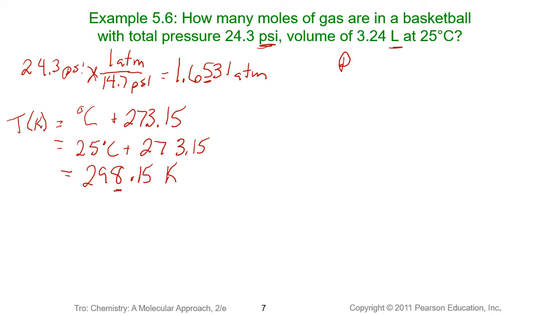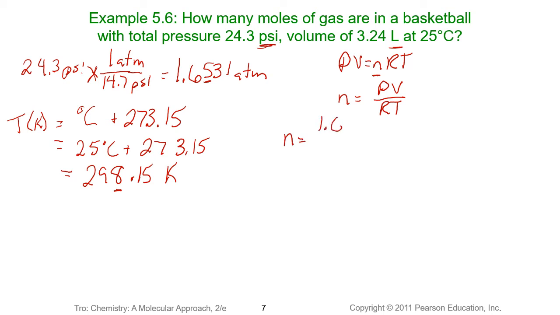We're going to use the ideal gas equation, and we want to rearrange it to solve for moles. So our number of moles is going to be PV divided by RT. We had to move the RT to the other side. Now we can substitute in the values that we found.